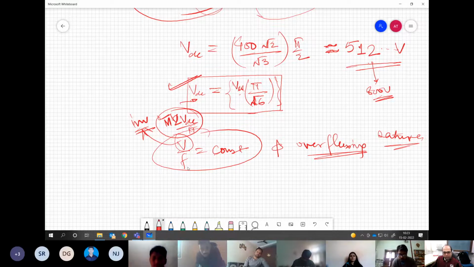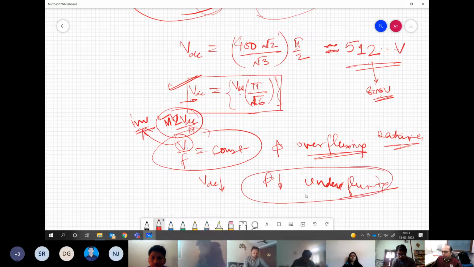On the other hand, if you keep this VDC value too small, then flux may not be at the rated value. You are operating at lower flux, or under-fluxing, so you are not utilizing the motor to its full potential. Which is why this number is important. You cannot have a very large value of DC bus and you cannot have a very small value of DC bus.